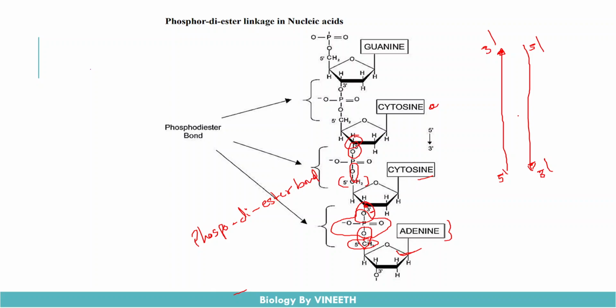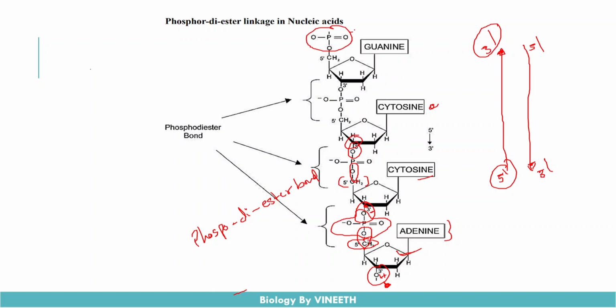Whenever you take any single polynucleotide chain, it generally ends with a 3' hydroxyl group and a 5' phosphate group. At the end of any polynucleotide chain, you will have a 3' hydroxyl group over here, and at the 5 prime end, you will have the phosphate molecule.